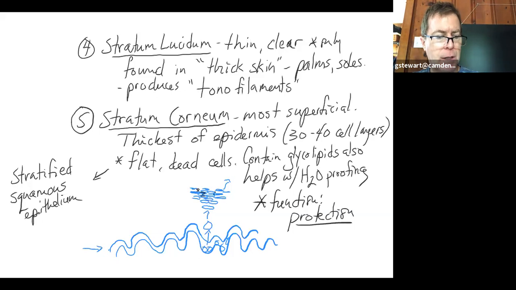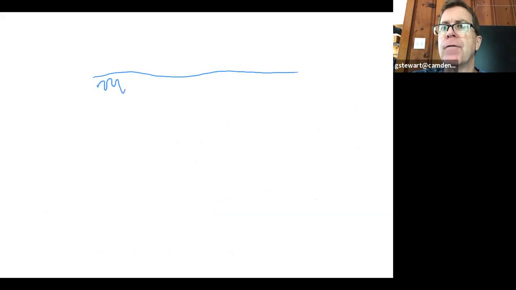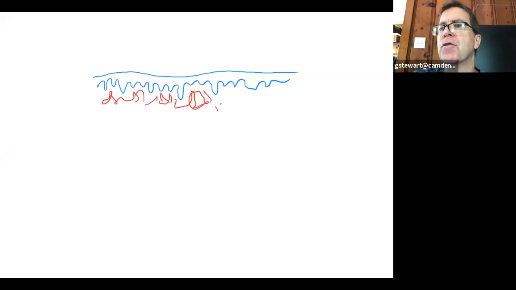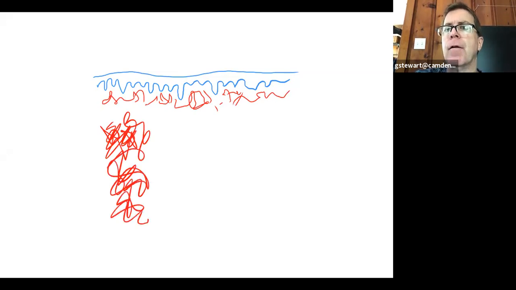I'm going to just start talking about the 2 layers of the dermis, and then we'll call it a day. Just to remind you really quickly, if this is the top of our skin, that's stratum corneum, here's all 5 layers of the epidermis. When we talk about the dermal layers, which I'm going to next, there's a looser tissue layer right here, and then a very dense, thick layer below that.